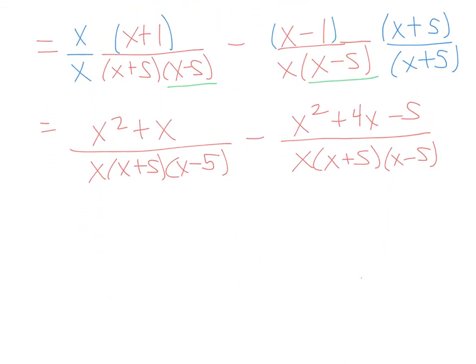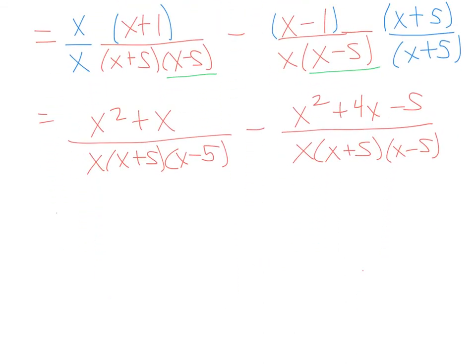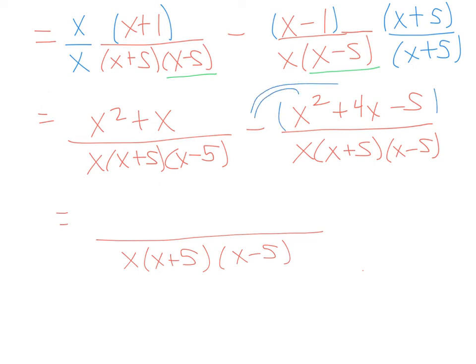Okay, now is where we are going to subtract across the numerator. So start off with that common denominator that we came up with. And we want to apply this negative to each of the terms as we subtract.